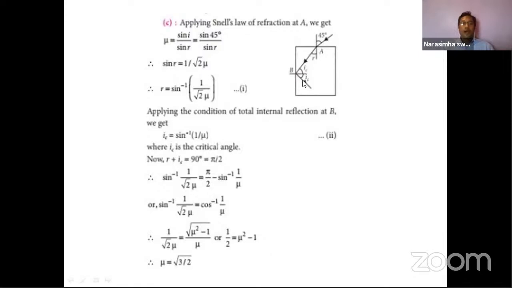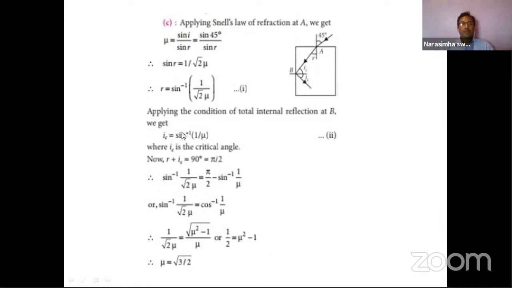Now r plus i_c is equal to 90 degrees. Check it out: both will add up to 90 degrees. Yes or no? Right. So 90 is nothing but pi by 2.